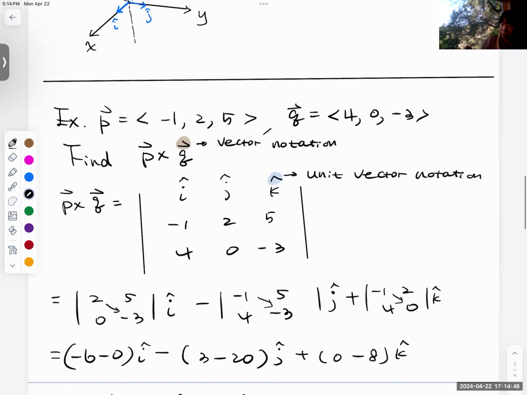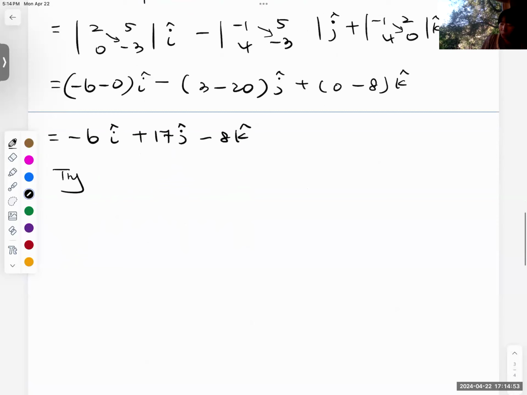Okay. Can you please try? Let me write down. This is A. How about the cross product of Q and P?